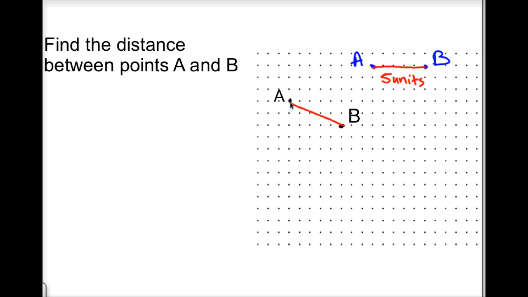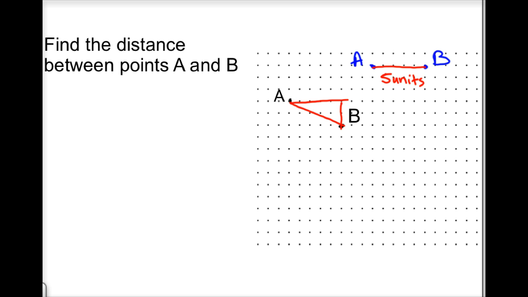In other words, what's the distance between that A and B, the black A and B? We have to figure out that distance, and we do know something that can help us. If I were to go from B and go straight up until I got level with A, and then from A go horizontal, you're going to notice that that creates a special triangle.